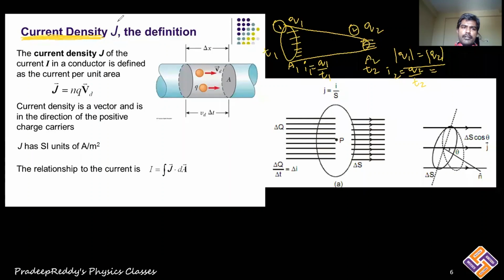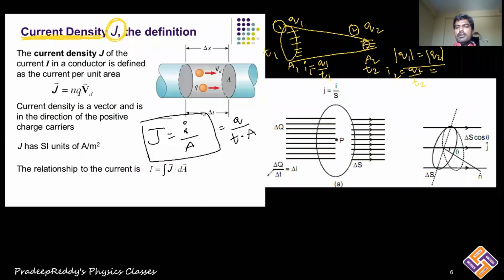Current density is denoted with J. Current density can be defined as current flowing through unit cross-sectional area. J is equal to I by A, where I is equal to Q divided by T. Current density is a vector quantity because very small areas of cross-section are treated to be vectors.